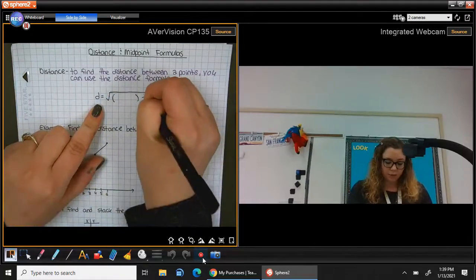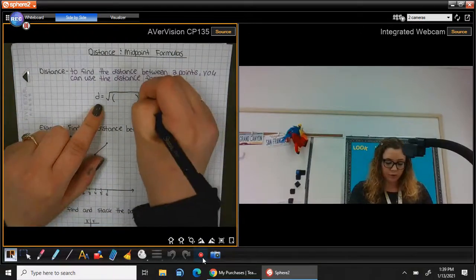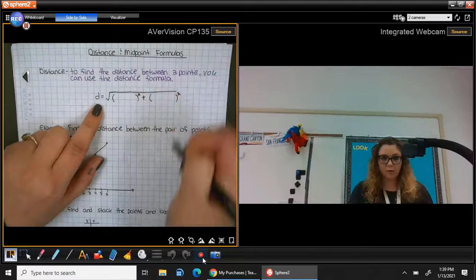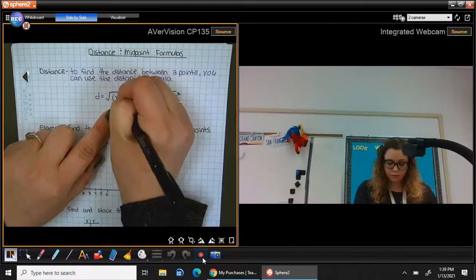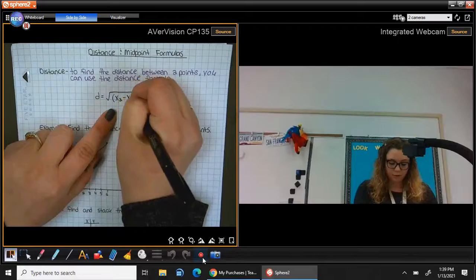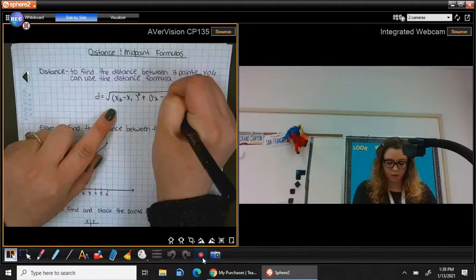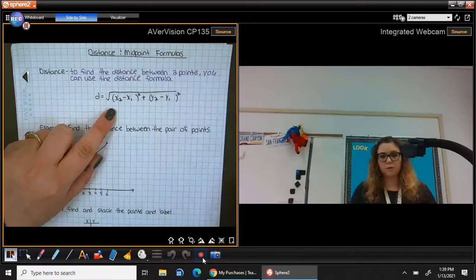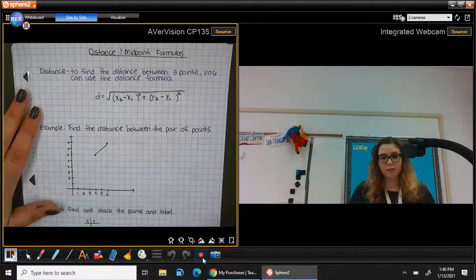I like to put a plus sign in between for the nose. And then I always square both sides. And then in here you're going to have x2 minus x1, then you're going to have y2 minus y1. And that is your distance formula.